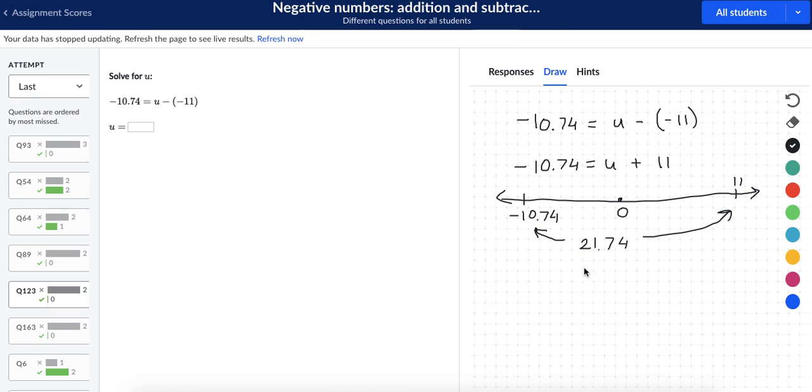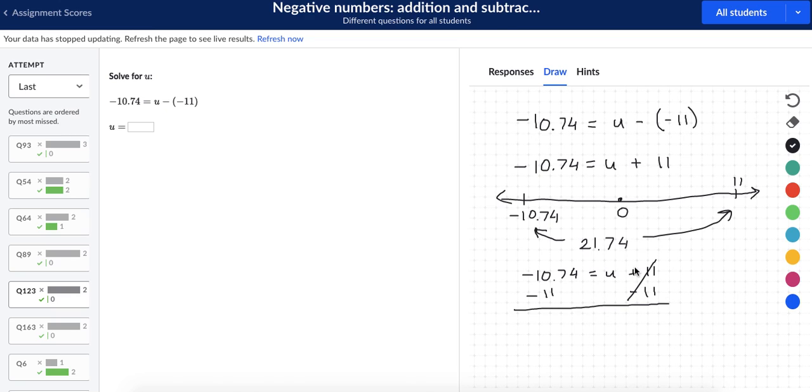Okay, let's take a look at it from the algebraic point of view. The algebraic method is always going to be the most accurate, so long as you perform it accurately, right? All we're going to do here is subtract 11 from both sides. Subtracting 11 from both sides cancels out this 11 here. We're doing the opposite.